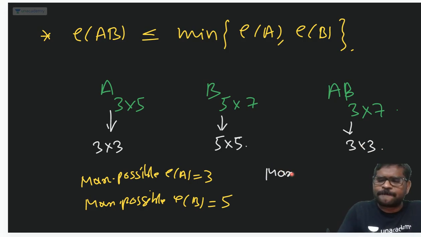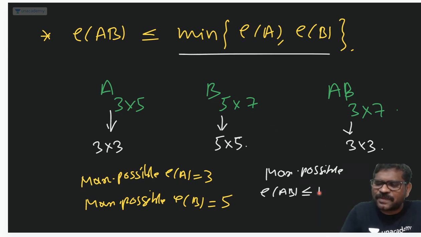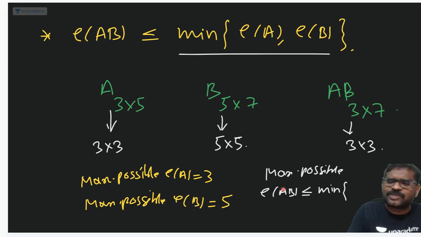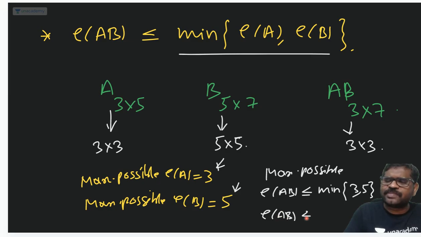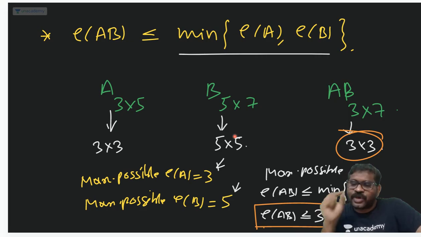Therefore, maximum possible rank of AB less than or equal to, as per the property, minimum of maximum possible rank of A, maximum possible rank of B, that is rank of AB less than or equal to 3. Understood? So rank of AB less than or equal to minimum of rank of A comma rank of B.